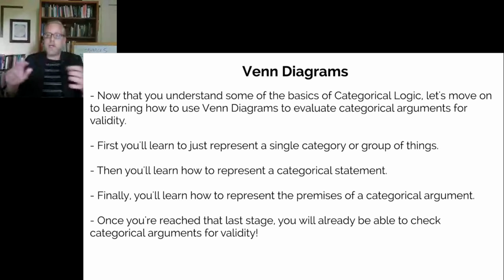And I'll teach you how to do this. You will plug in the premises. You'll represent just the premises. You don't even touch the conclusion. You just take the premises and put them into the circles. You don't know what that means yet, but I'm just telling you that that will be the procedure. We'll just represent the two premises in the three circle diagram.